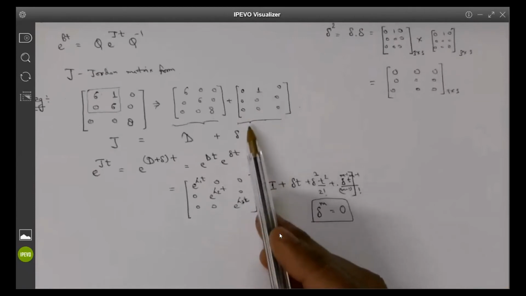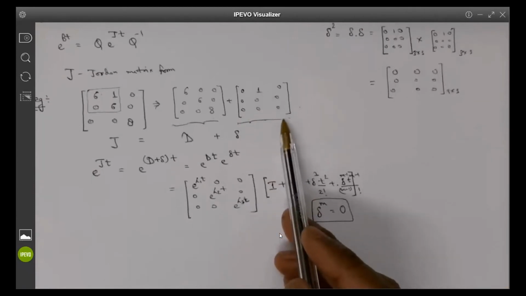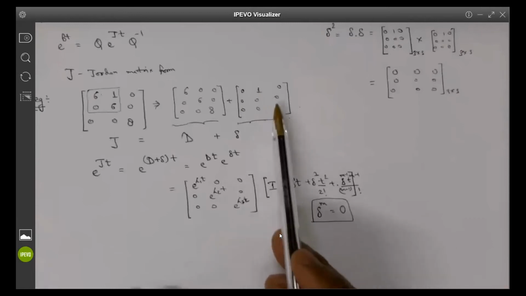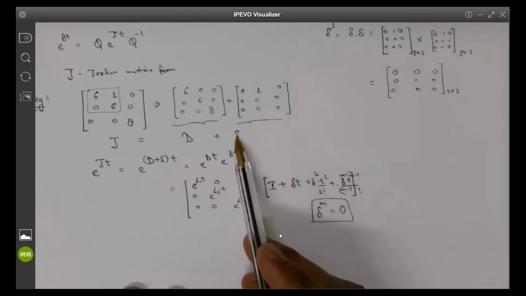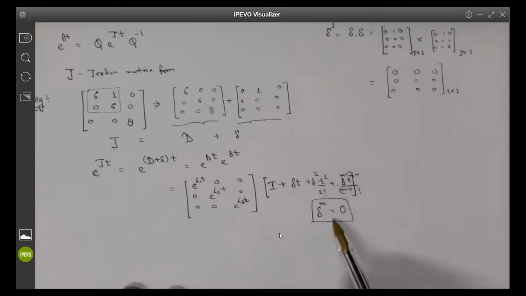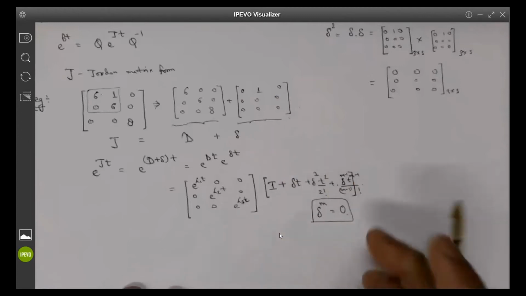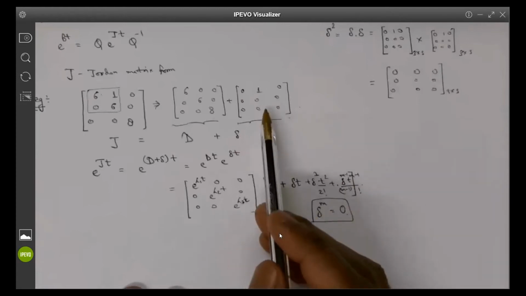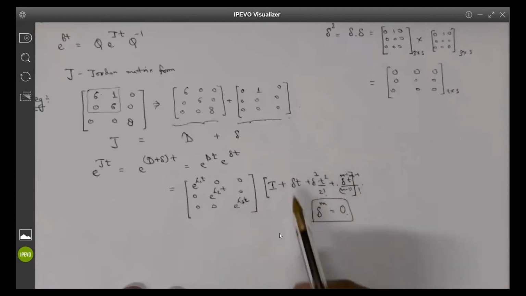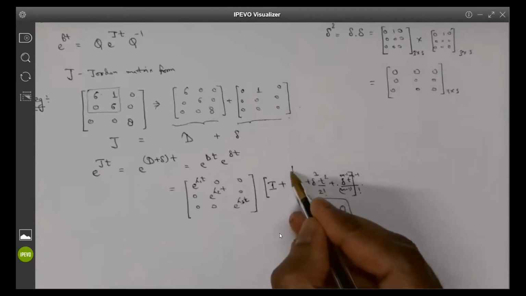Depending on the size of the delta and what that form looks like, there will be a time when this matrix multiplied by itself m number of times will be 0. So this will not be an infinite series, but will have some finite terms. And for this specific example, it stops at this number itself.